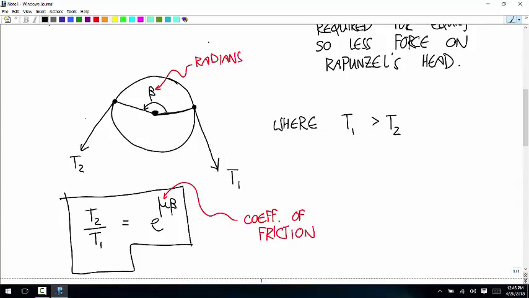If this cable is at rest relative to that pole or whatever it is, then we're talking about static friction. If the cable is sliding along that, like maybe it's a pulley, the cable is actually sliding along the pulley, then that's the coefficient of kinetic friction.